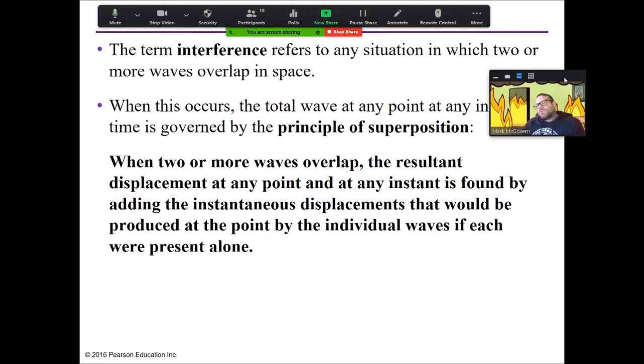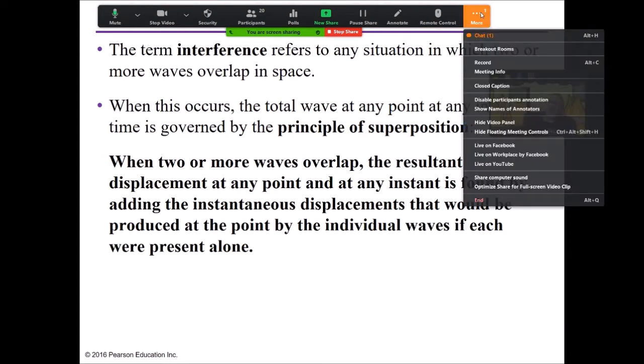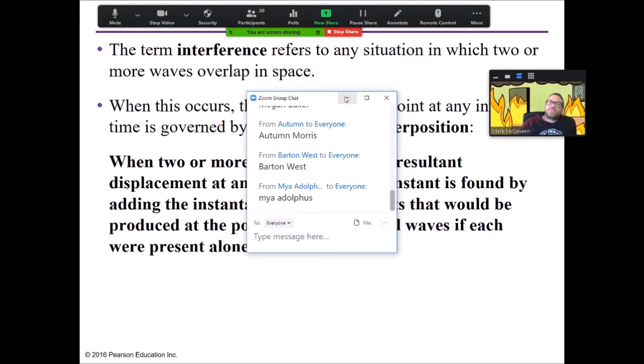Interference means that superposition applies to waves. When you have two or more waves at a particular point, there will be a net result. You add up their displacements, and it's as if there is a single, maybe complicated, wave acting at that location. That's nice.